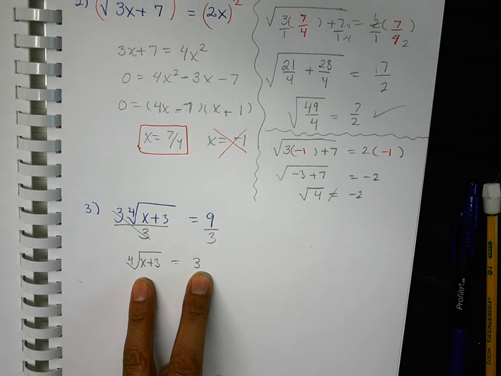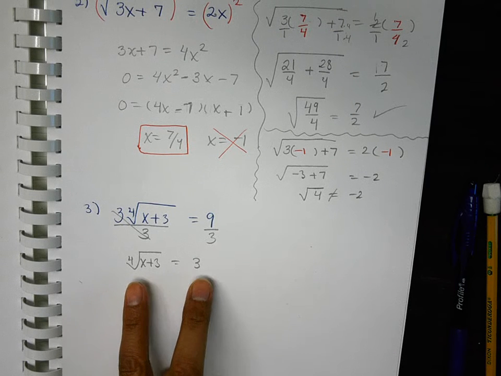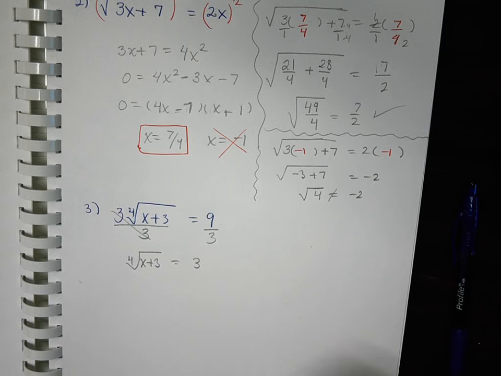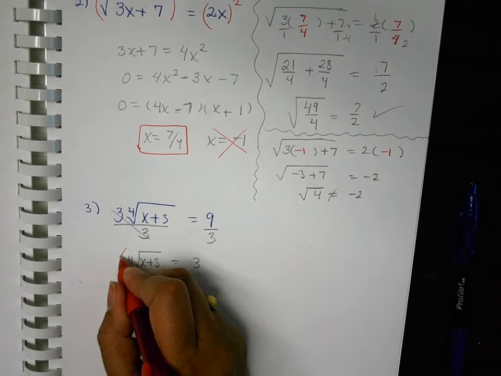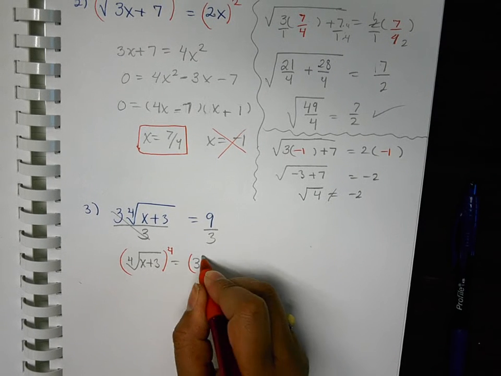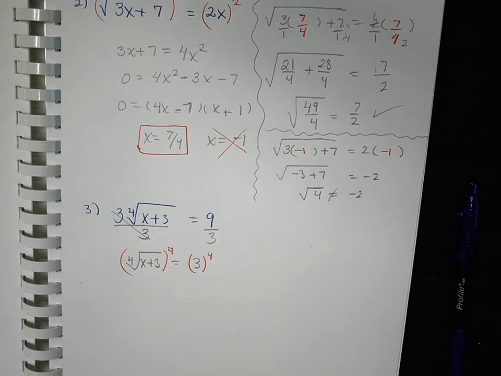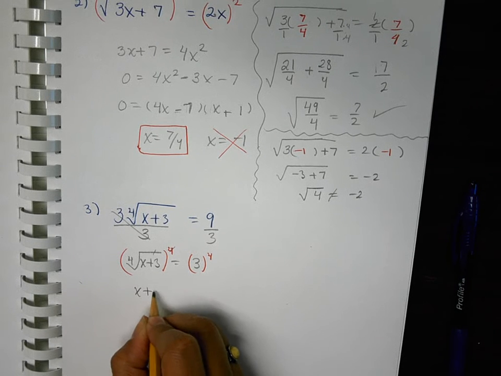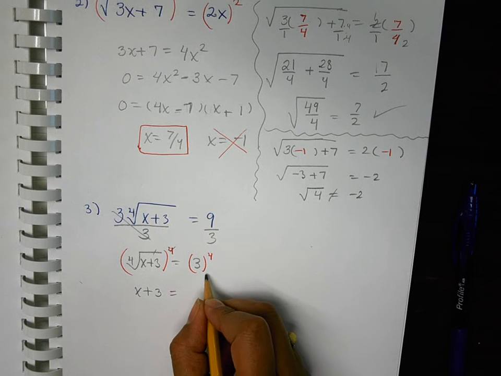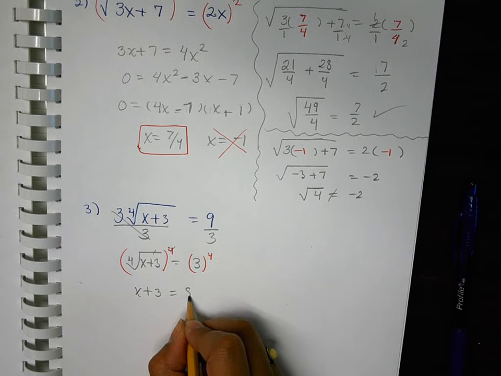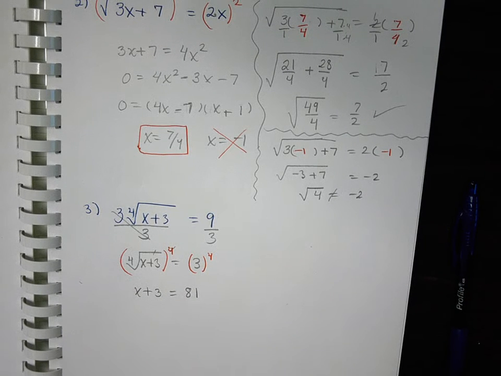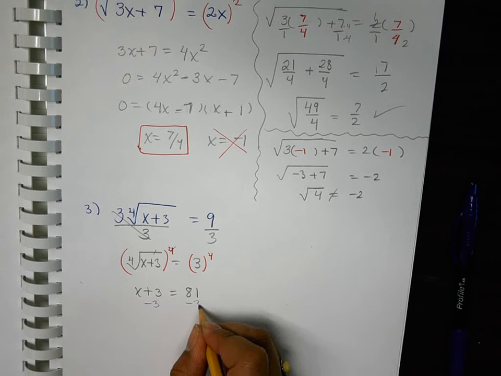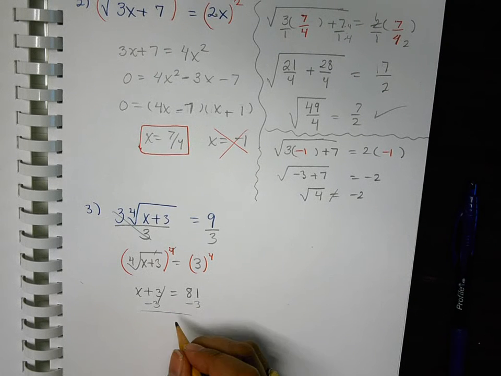Did you multiply both sides by 4 or raise to the 4th power? Raise both sides to the 4. Is there a difference? Yes. 3 times 4 is not the same as 3 raised to the 4th. Okay, undo each other. Please stop the side conversations. 3 to the 4th? It's 81. 81, and the last step is to subtract 3, and it is? 78.